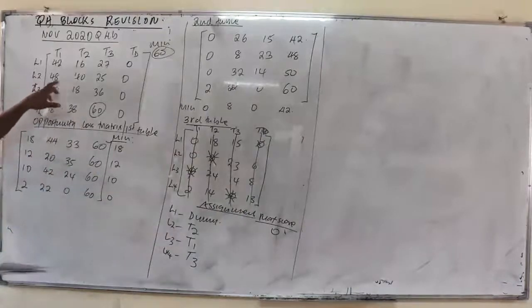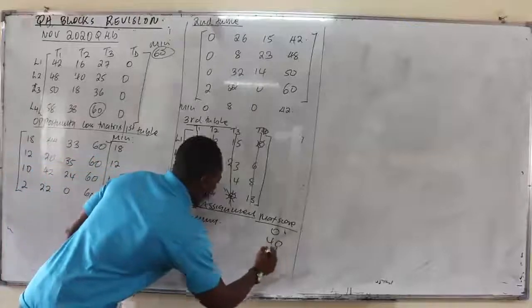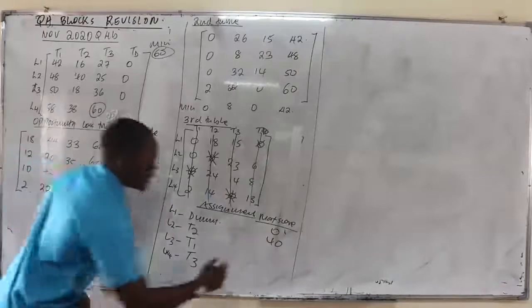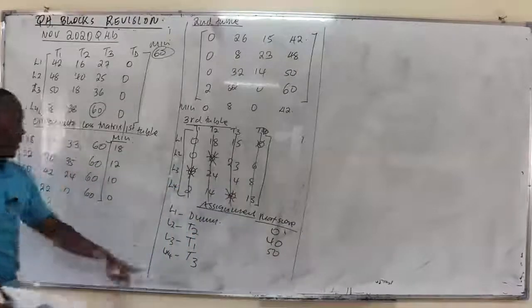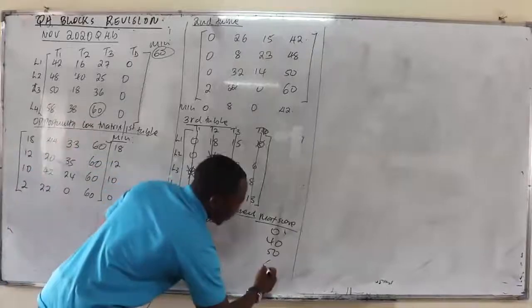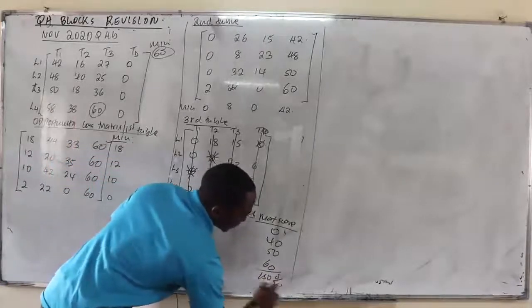Lecturer 2, topic 2 was getting a score of how much? 40. Then lecturer 3, topic 1, a score of 50. Then lecturer 4, topic 3, has a score of how much? 60. And you get 150 in total.